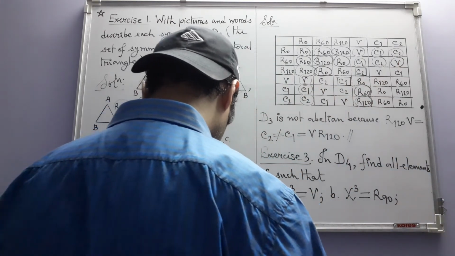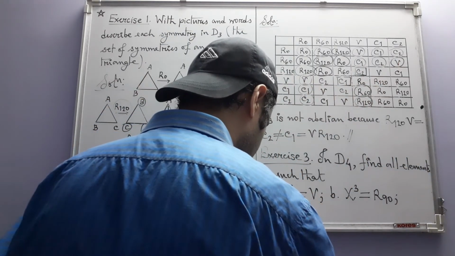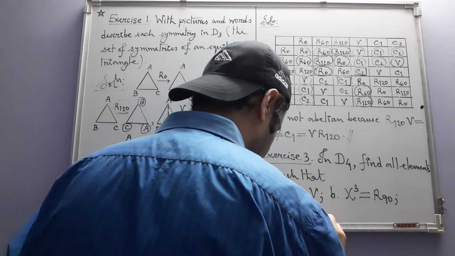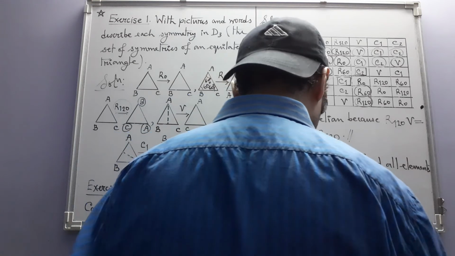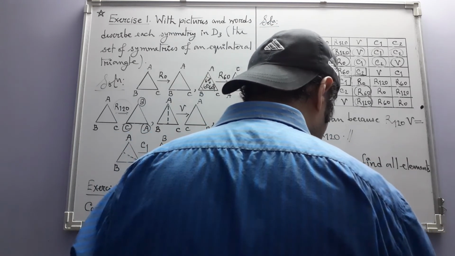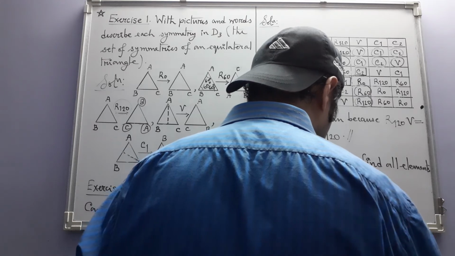C, x cubed is R naught. D, x squared is R naught.